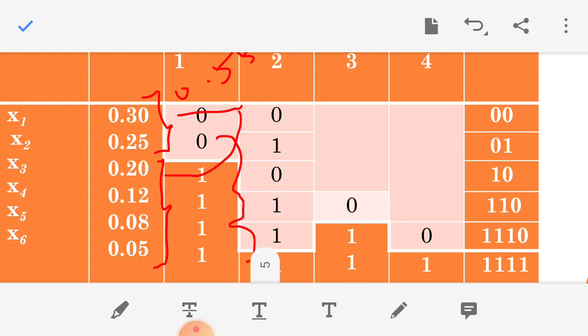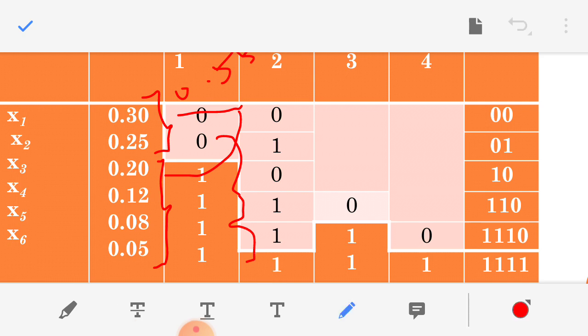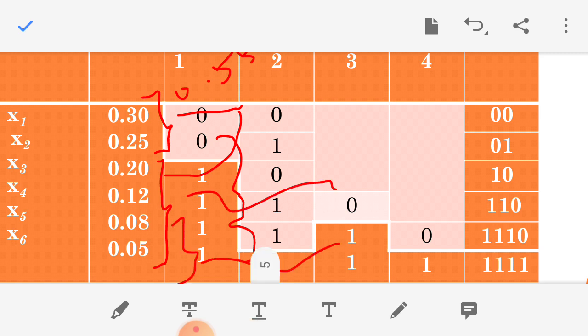In step 3, we again divide the sequence into 0.12 in one set and 0.08 and 0.05 in another set, and continue the process until we get 0 and 1.